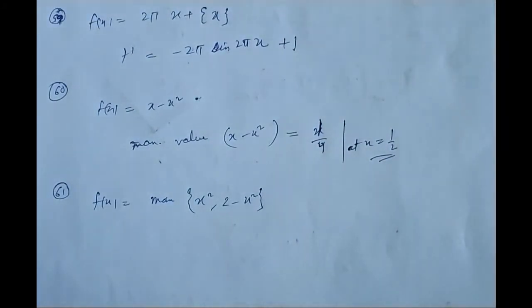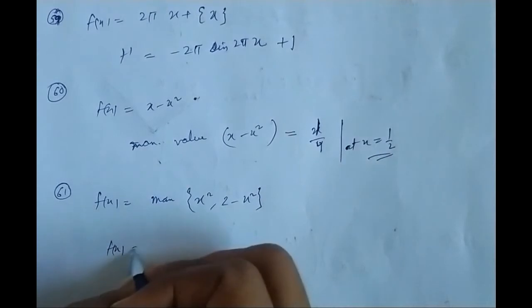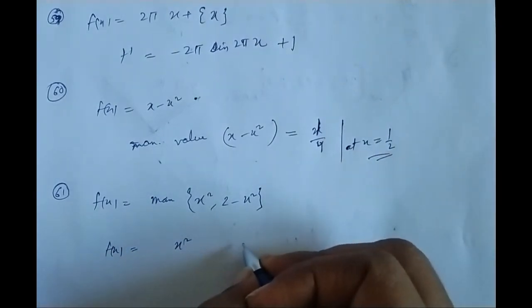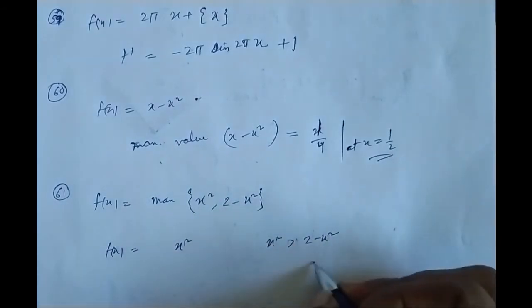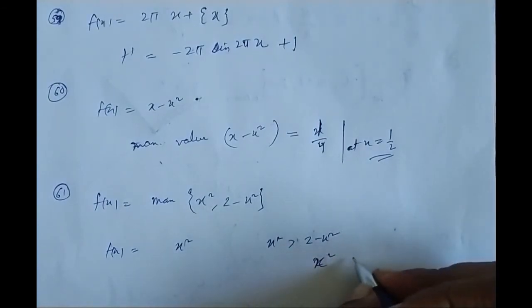Okay, so let's bifurcate this. So f(x) will be x square when x square is greater than 2 minus x square, or x square is greater than 1.